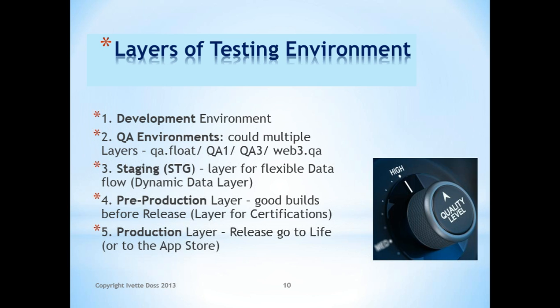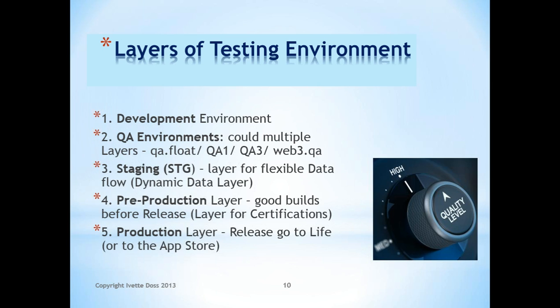It could be just QA, or a differentiation of QA1, QA2, QA3, Web3, whatever. Why do we divide into so many layers? Because some languages could be involved, or we have some extended dynamic data involved, or it could be very extended mobile applications. Think about Wikipedia, but mobile, this version of it.